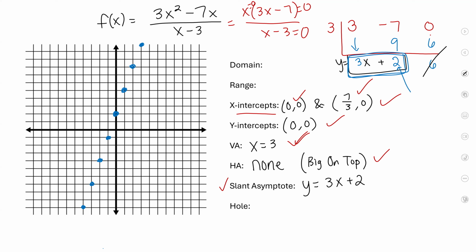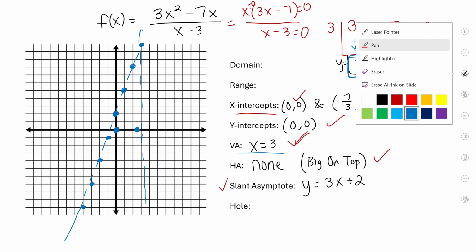Okay, and I'll go ahead and put in my other information. I have an x-intercept, a y-intercept here, and 7/3, that's 2 something, so right here. And my vertical asymptote is at x equals 3. So right here.